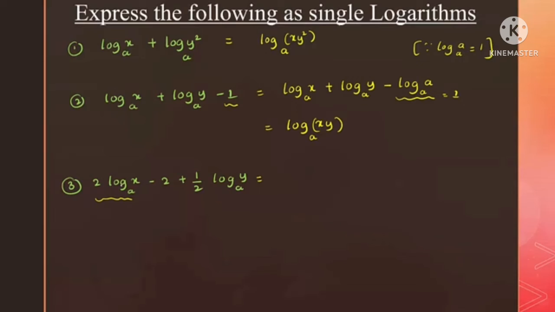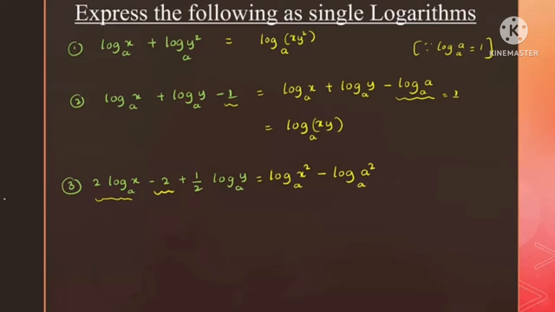Here we can use the power rule. So it can be written as log x square to the base a minus, here I can write in place of 2, again using the power rule, log a square to the base a.